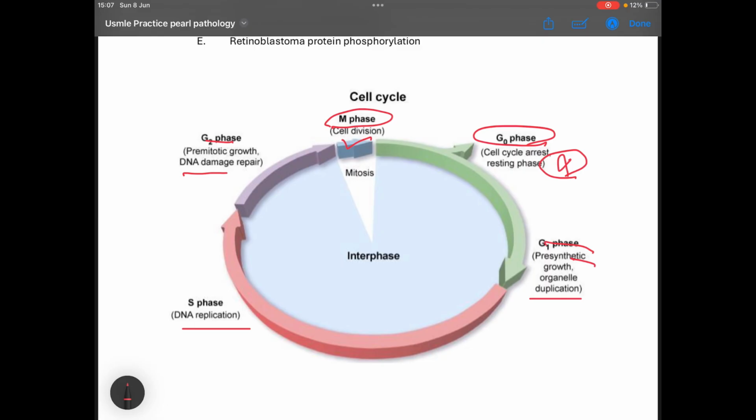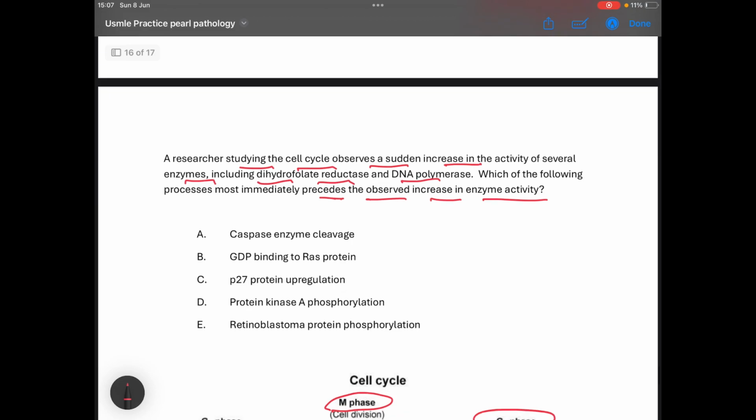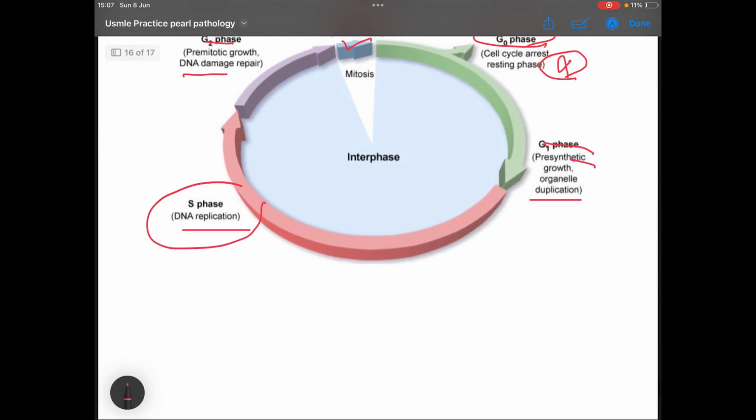An increased activity of enzymes responsible for DNA synthesis, like dihydrofolate reductase and DNA polymerase, signifies that the cell is in the S phase of the cell cycle.